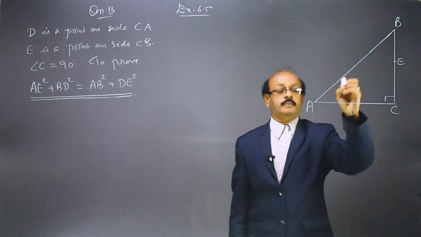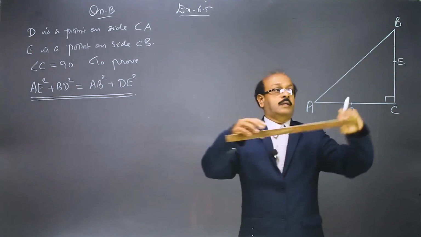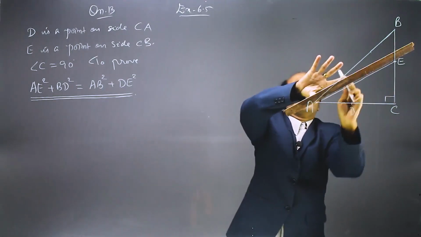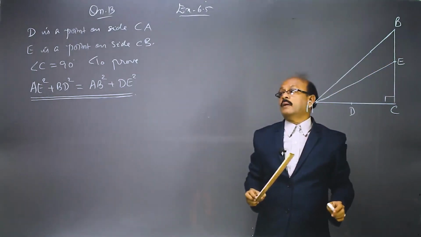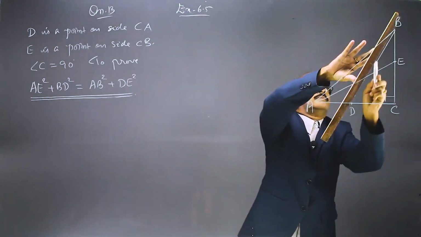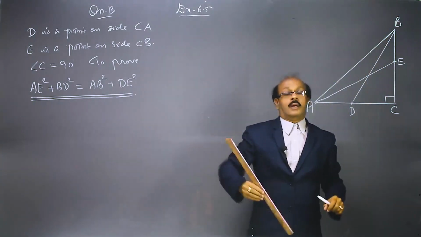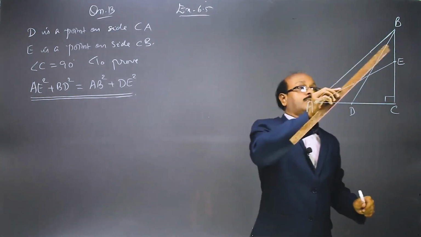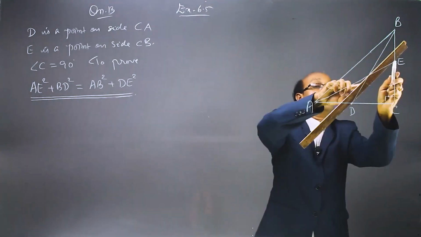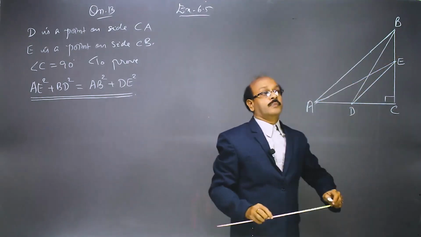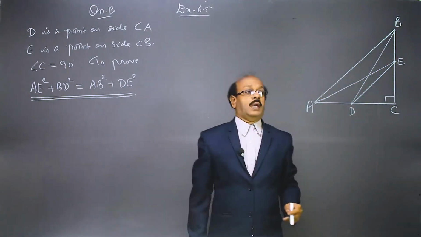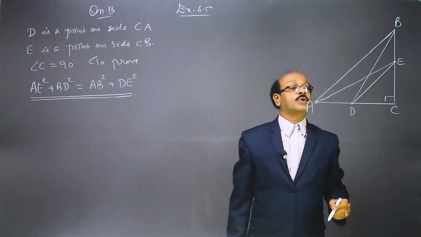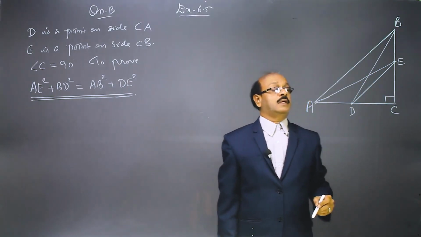Join AE, then BD, then AB and DE. Here we have to join DE. This is the figure.